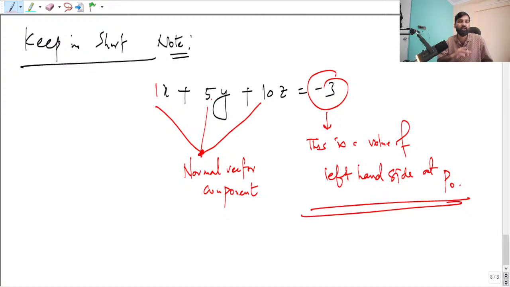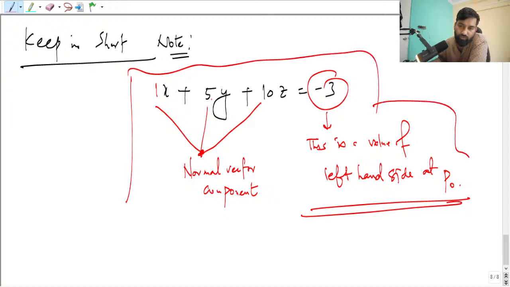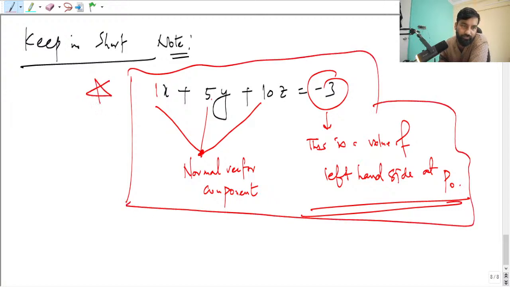If you take P naught and plug it in the left hand side, you will get -3. So this is the idea that you have to remember always, so that you can find anything very quickly. I think this is clear for all. These are the basic things that you should know and understand.